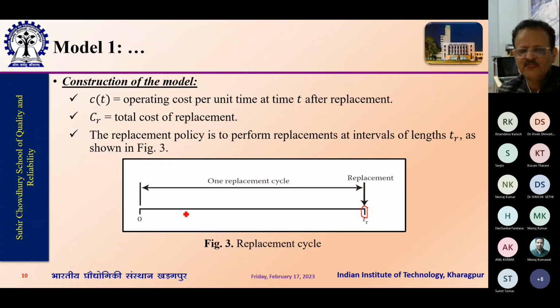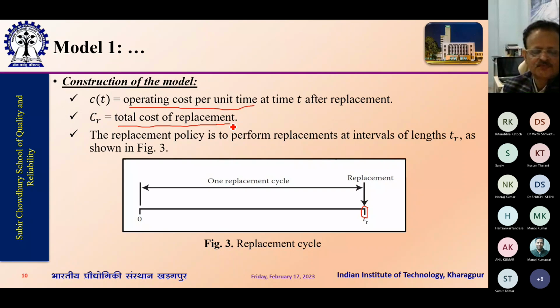So between this period 0 to TR, there is operating cost, right? And at this point, you are replacing it. So the total cost of replacement not only includes the purchase price of the particular item, but also other costs involved, the labor involved, the wages involved, and so on. Okay, they can be combined, and many other costs can be combined.